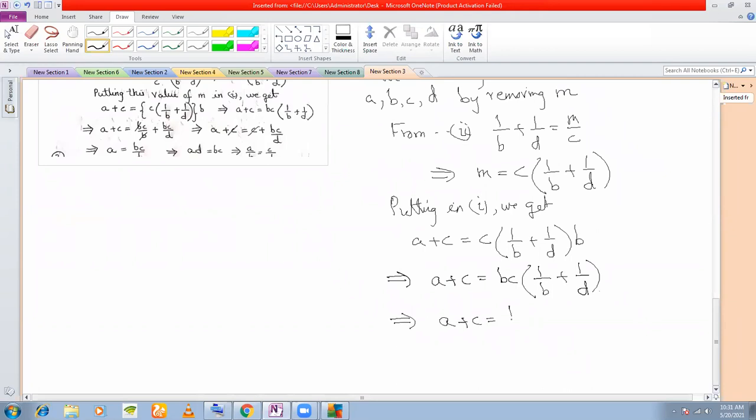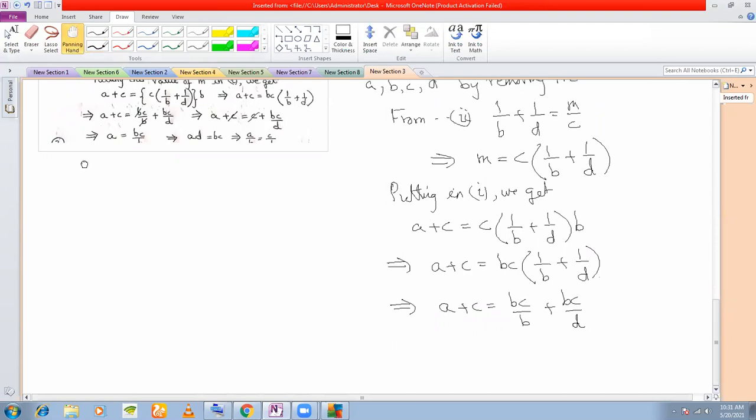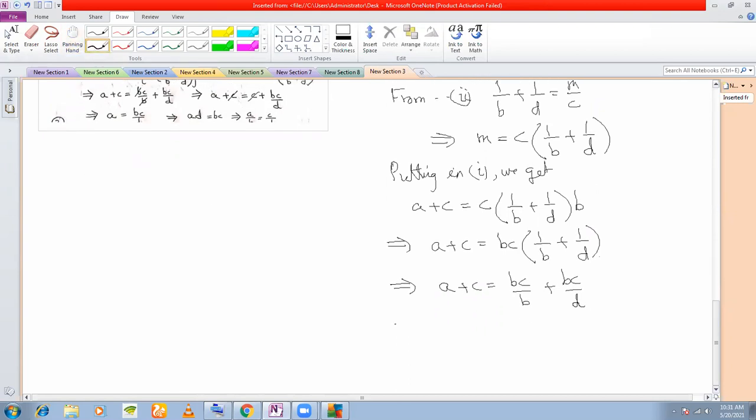You multiply by BC throughout, BC by B plus BC by D. That means you get here A plus C is equal to, this B cancels, you get C plus BC by D. C cancels from both sides. So you get A is equal to BC by D.